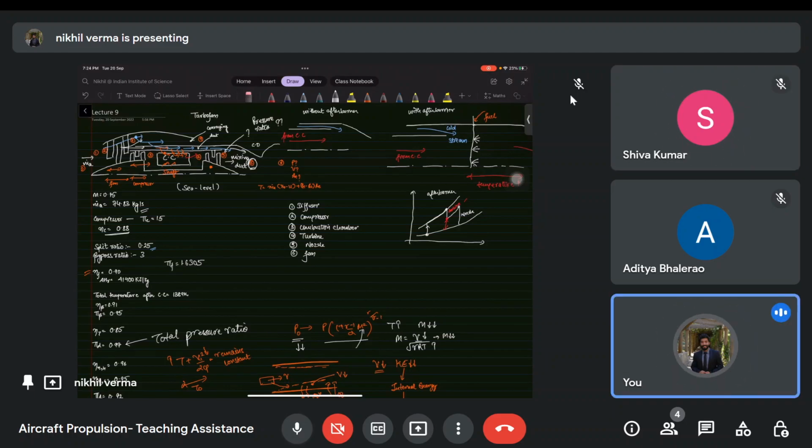No, it is the total. Whenever they define these efficiencies, it is the total pressure that is getting dropped.